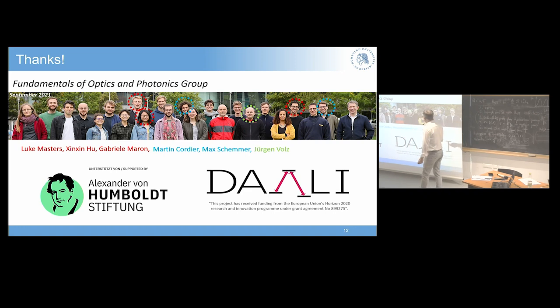Then we had Martin Cordier and Max Schemmer, who already got exposed today twice. And they had a lot of contributions concerning the conceptual interpretation and theory, and then Jürgen Volz, my senior co-worker, was the sub-project leader here.